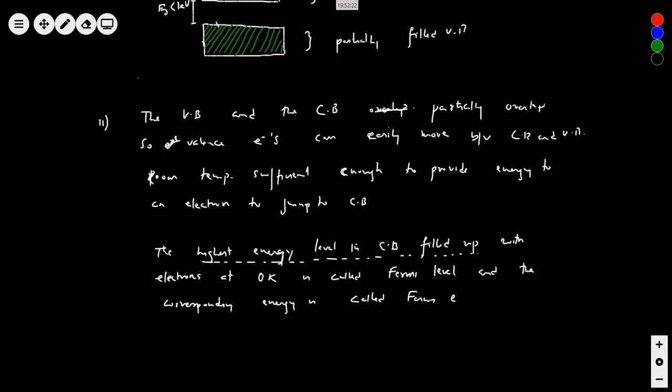Not the valence band, the conduction band. As they're overlapping and the number density is so large, the electrons are automatically present in the conduction band even at 0 Kelvin. That's why metals are very good conductors.